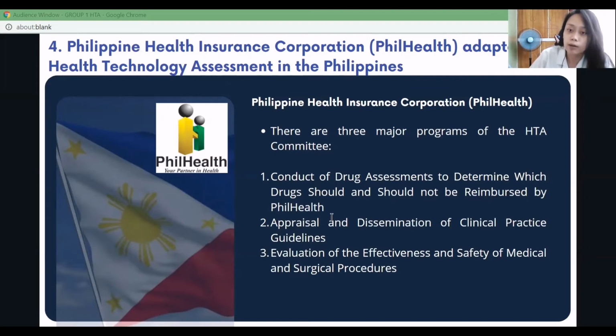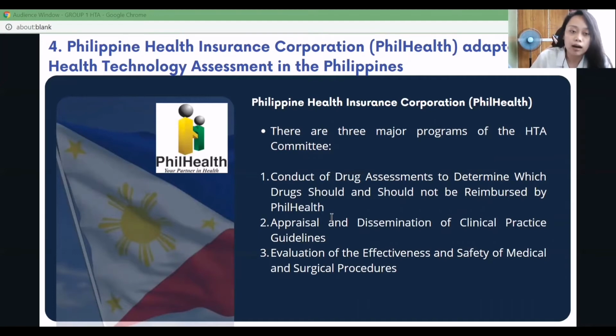The Positive List consists of drugs that PhilHealth reimburses but are not yet included in the current edition of the PNDF. And apart from drugs, the HTA Committee also evaluates the safety and effectiveness of medical devices and surgical procedures.